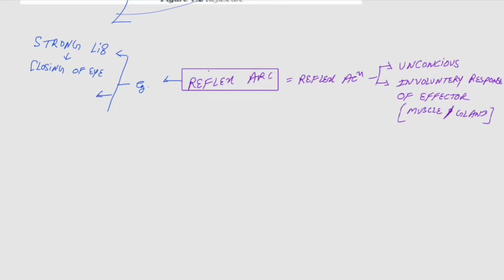And second is withdrawal of the hand when pricked with a needle. Clear? Now let's talk about the process of the reflex arc.